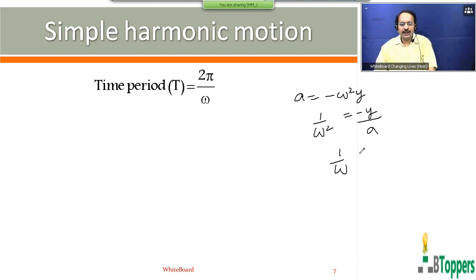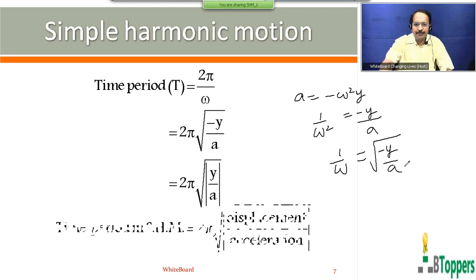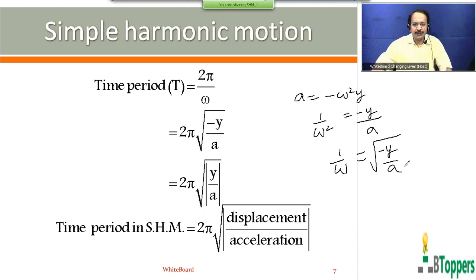So 1 by omega equals root of minus y by a. So the time period of SHM can be written as 2 pi root of minus y by a, or 2 pi root of mod of y by mod of a. That is, the time period of SHM is equal to 2 pi root of the ratio of the magnitudes of displacement and acceleration.